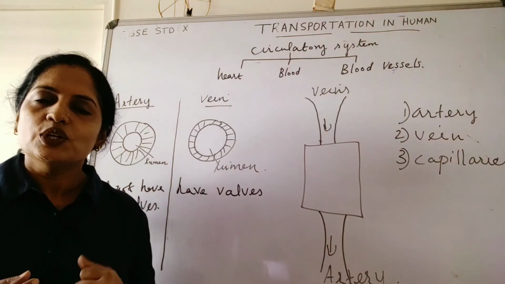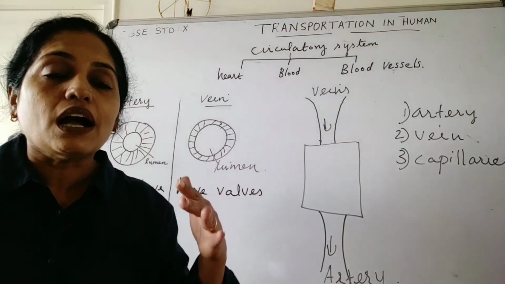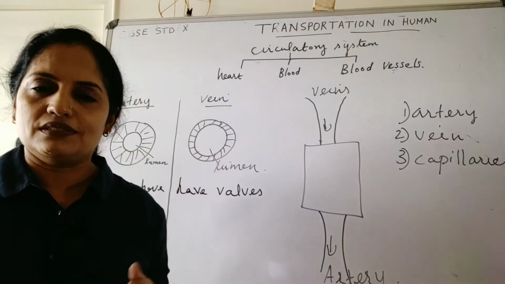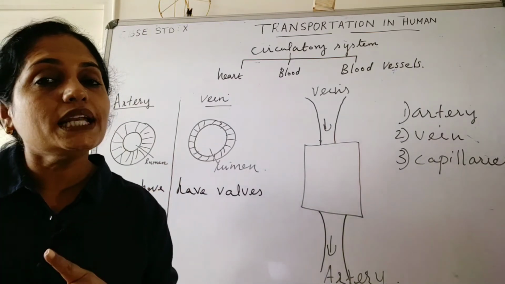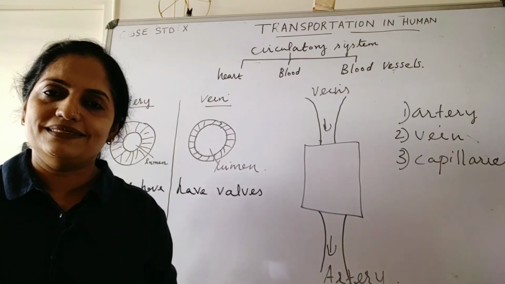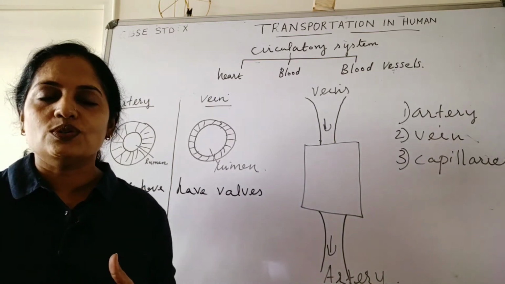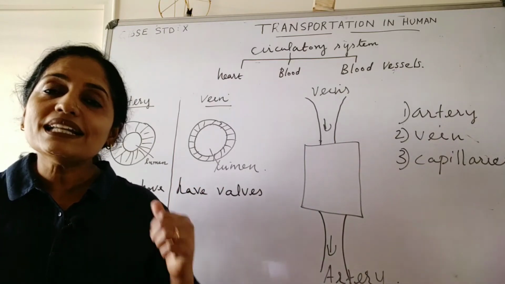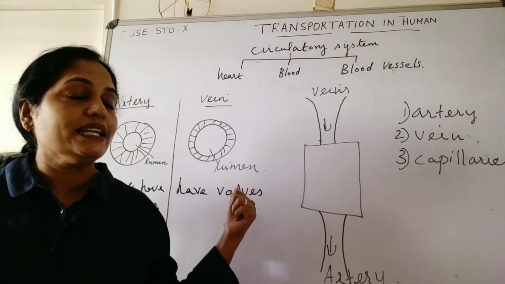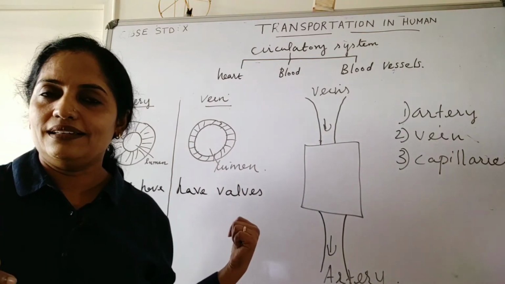Why? Usually in an artery, blood flows from the heart with great pressure. This pressure maintains a unidirectional flow of blood and there is less chance for backflow. So there is no need of a valve. But in the case of veins, the veins receive blood from different parts of the body.